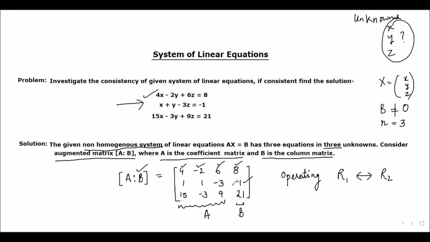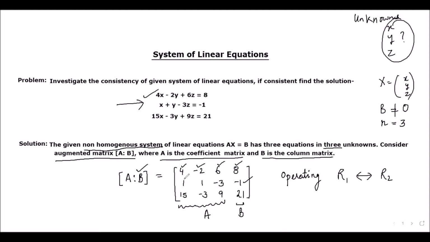Once the augmented matrix is reduced to row echelon form, by counting the number of non-zero rows in matrix A we read the rank of A, and by counting the number of non-zero rows in the echelon form of the augmented matrix we read its rank. So let us move ahead and reduce this augmented matrix to echelon form.